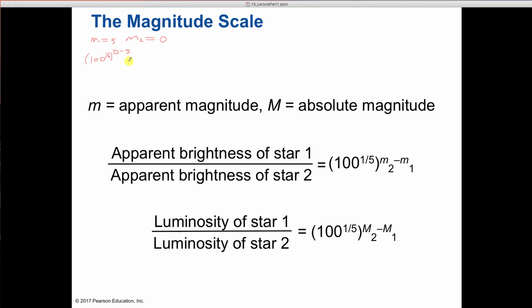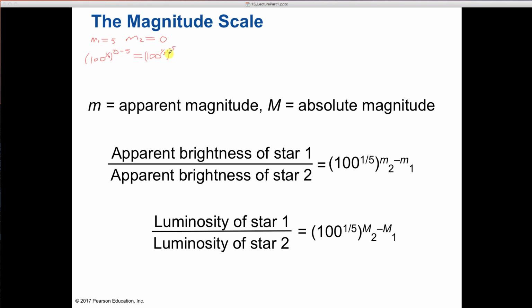All right. So I've got 100 to the 1/5 to the 0 minus 5. So 0 minus 5 is minus 5. So this is going to be 100 to the 1/5 power, whatever that number is. Don't worry about it just yet. We'll calculate it in a second. But I'm going to raise that to the minus 5th power.